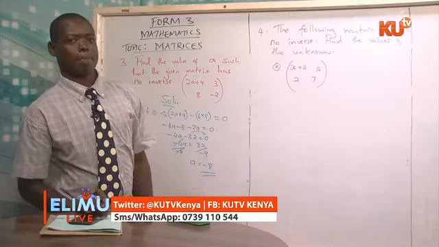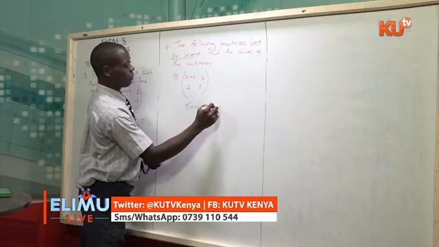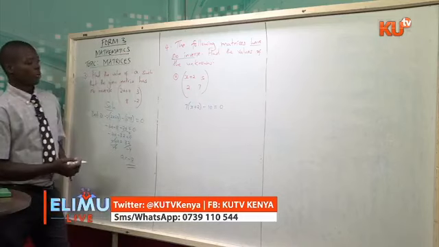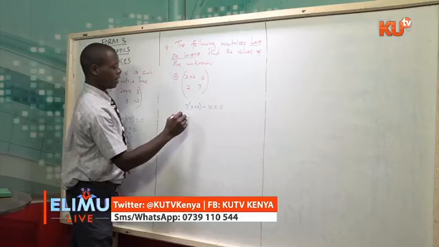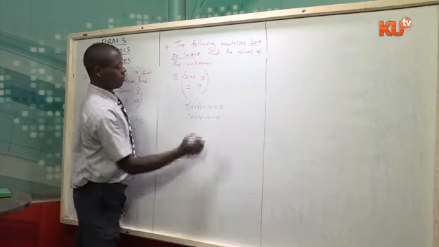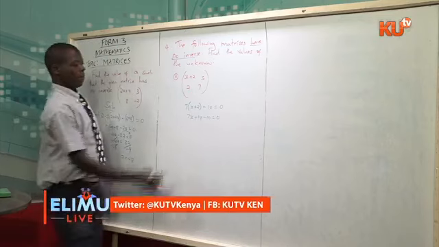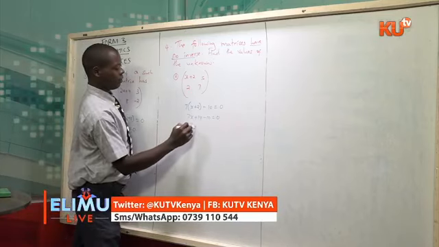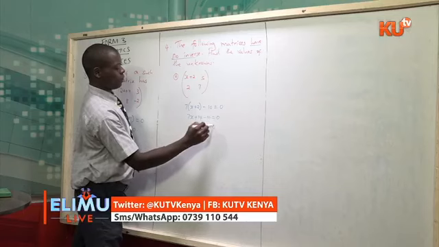This statement, it has no inverse, means that this matrix has a determinant of 0. So students, let's do the multiplication. 7 into x plus 2 minus 10 is equal to 0. So this gives us 7x plus 14 minus 10 is equal to 0. 14 minus 10 is 4, so 7x plus 4 is equal to 0.